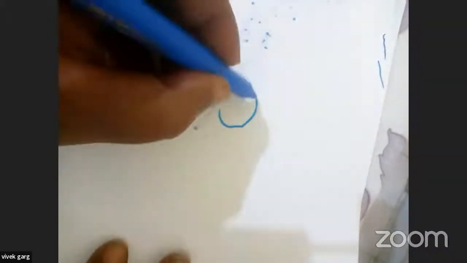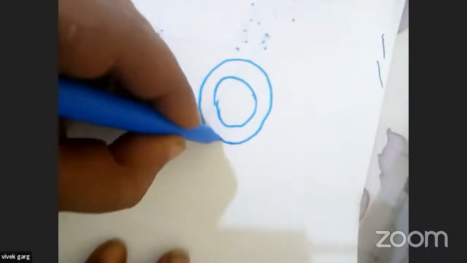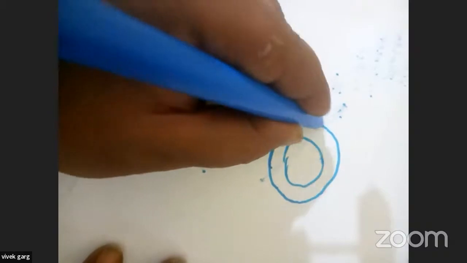Obviously, a moon will always revolve around a planet. So we need to understand that if this is Jupiter and a moon is supposed to revolve around it, and I'm looking from a far away distance, obviously Earth is far away, and I'm using a telescope, this moon is basically traveling like this, which I'll not be able to see.